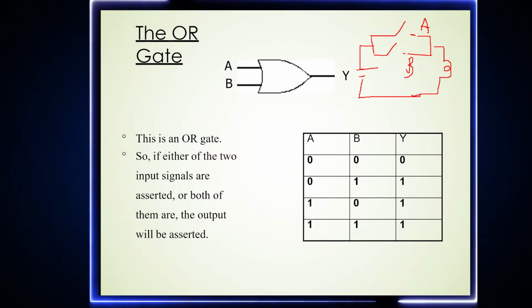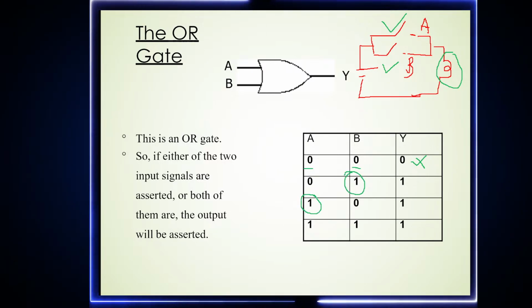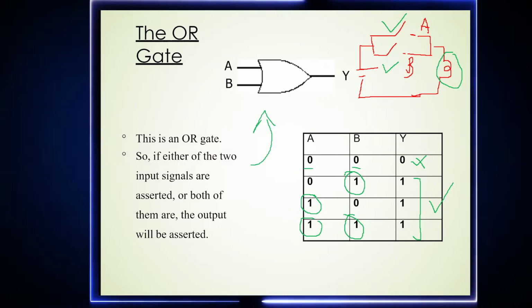If any of the switches is on, or both the switches are on, our bulb will glow. So you can see if A is 0, B is 0, the output will be 0, that means low state. But if any of the inputs is in high state or both are in high state, then the output will be 1, the high state. So this is the function of the OR gate and this is the symbol of the OR gate.